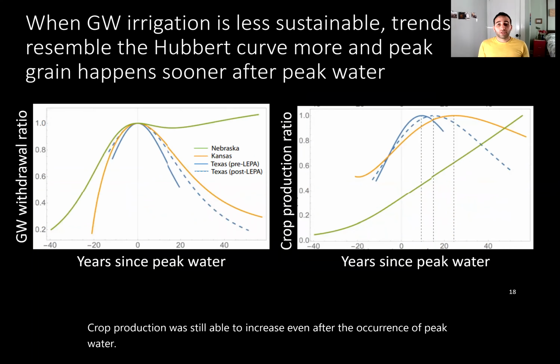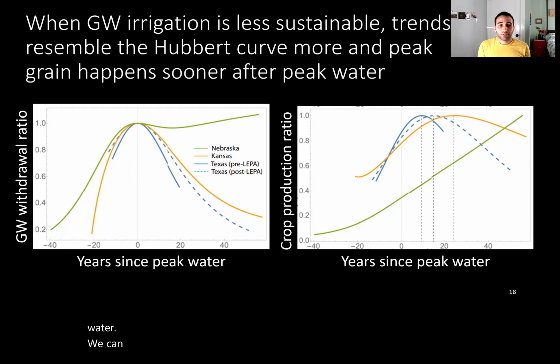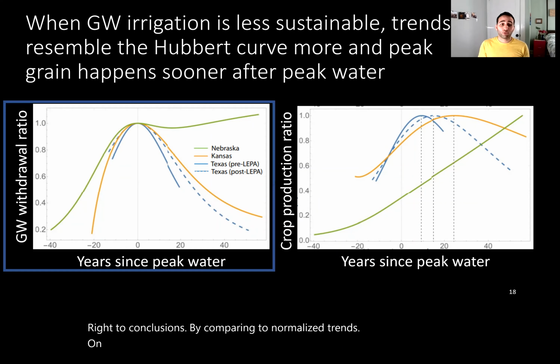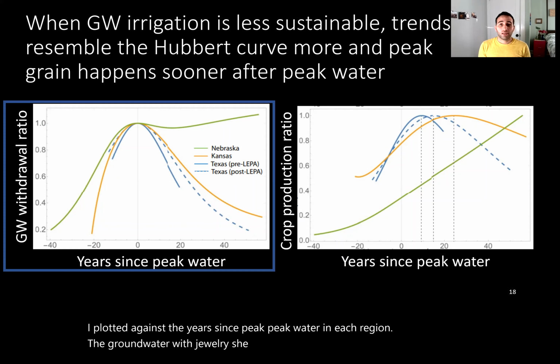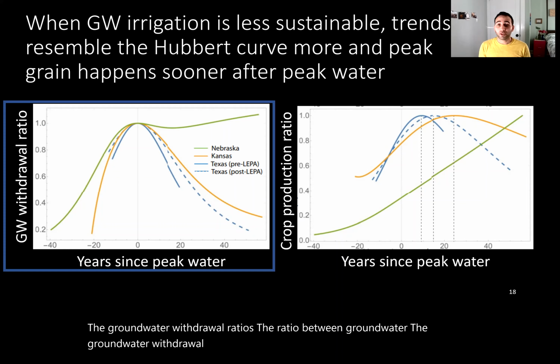We can also arrive at conclusions by comparing the normalized trends. On the left, we have the groundwater withdrawal ratio plotted against the years since peak water in each region. The groundwater withdrawal ratio is the ratio between the groundwater withdrawal rate and its value at peak water.